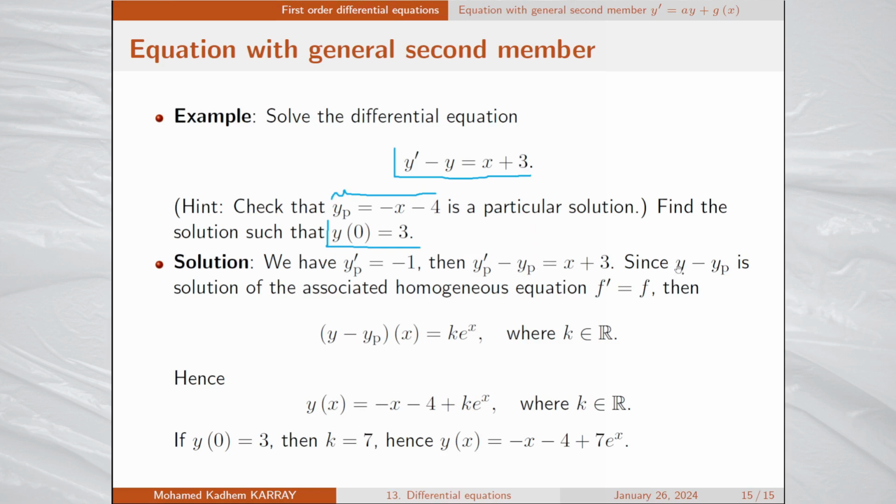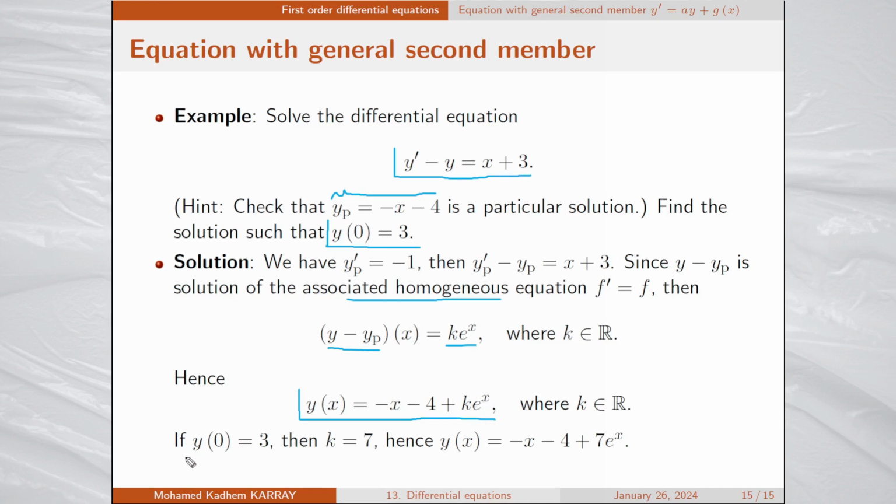Now, since the difference y minus yp is solution of the associated homogeneous equation f prime equals f, we get that y minus yp equals k exponential x. So finally, we get that y of x equals minus x minus 4, which is yp, plus k exponential x for some constant k.